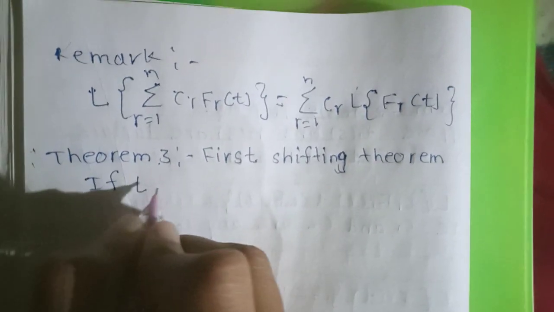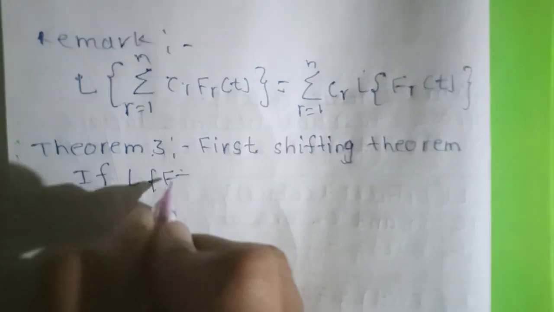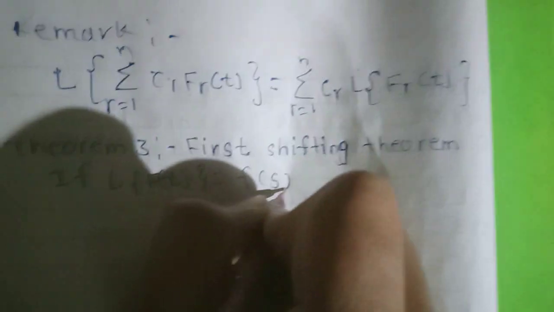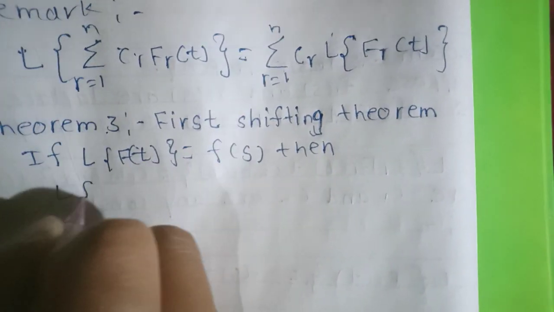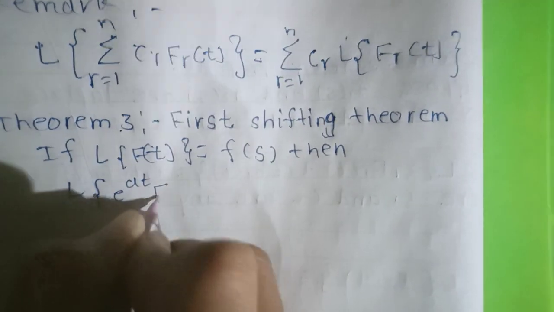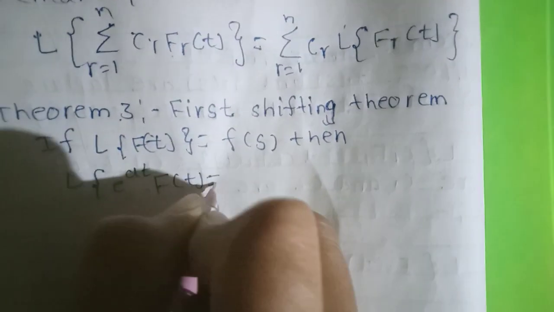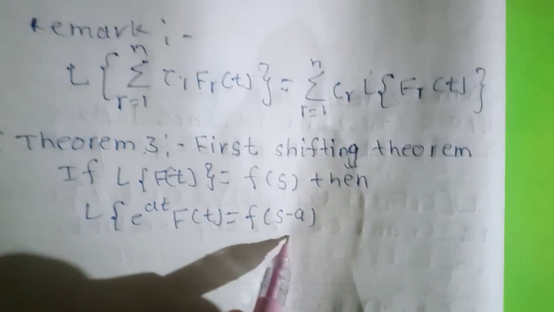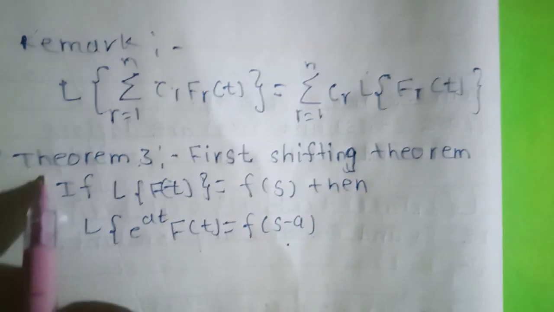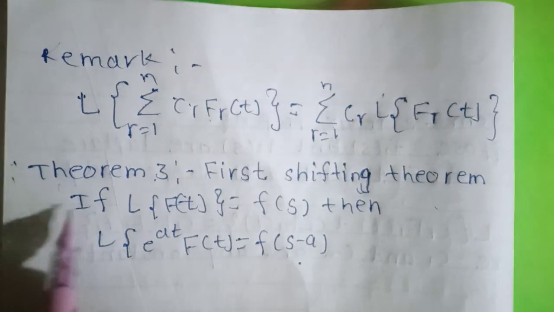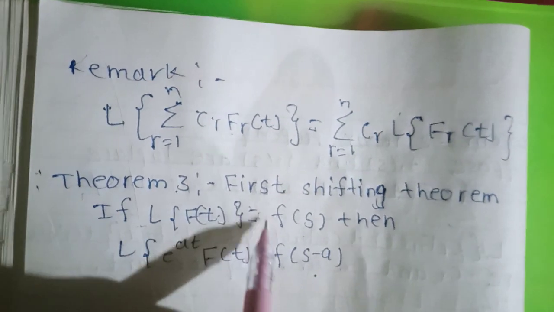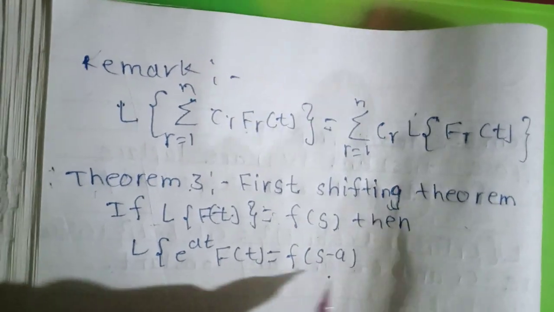If Laplace transform of f of t is equal to F of s, we know already, then Laplace transform of e raised to at f of t is equal to F of s minus a. We have to prove this. So the theorem is the first shifting theorem.